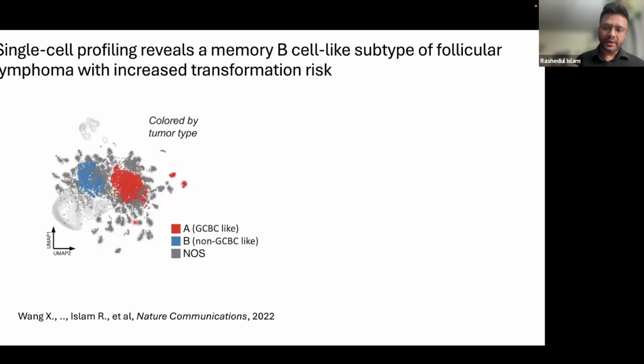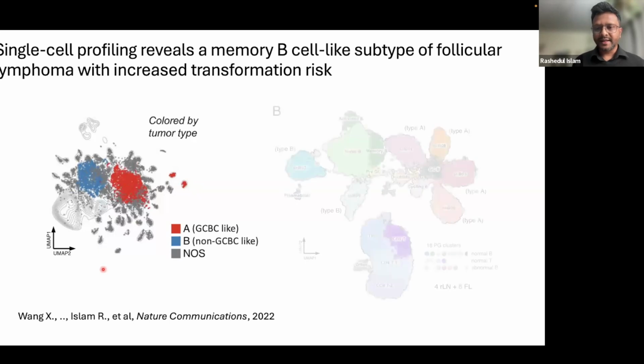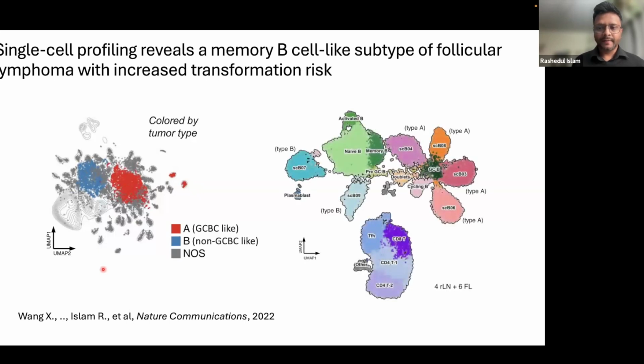Although they are the same disease, we found patients have two types of cellular compositions in these two groups. Then we reproduced the same results using an orthogonal technology, which is single cell transcriptome analysis, and we found similar results. For type A disease, you can see these samples clustering together with the germinal center B cells.